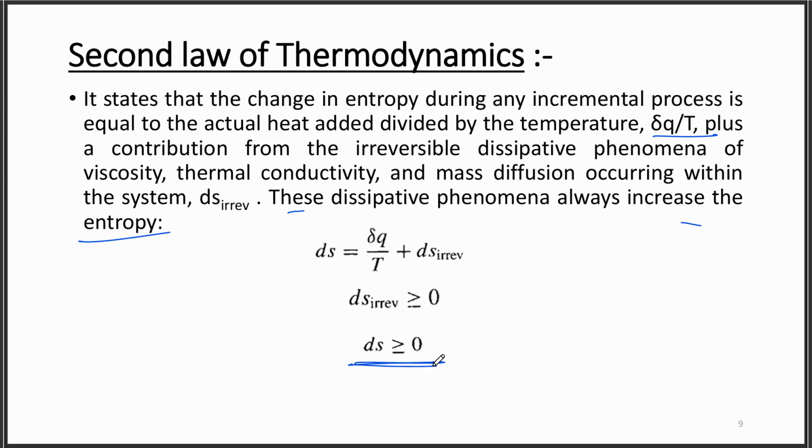The process will happen only in the direction in which dS is greater than or equal to 0. If in any direction dS is less than 0, then that process will not happen. That is the second law of thermodynamics, and that's how it gives the direction to the process.